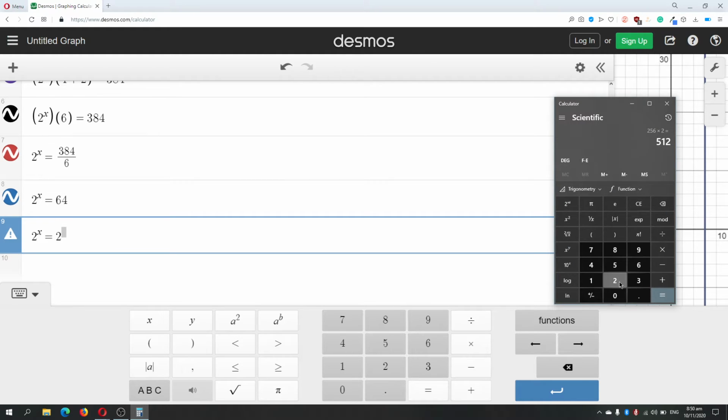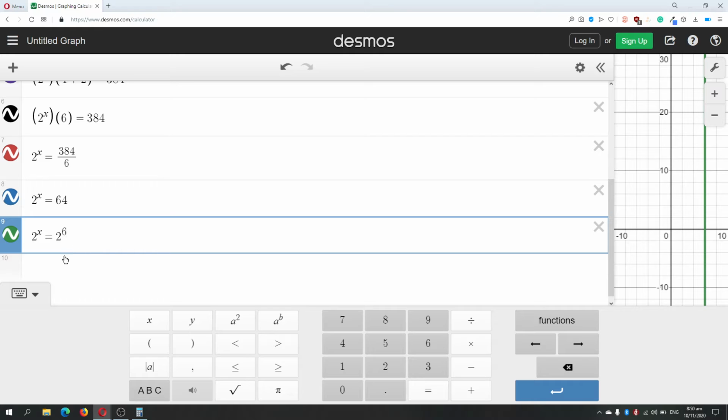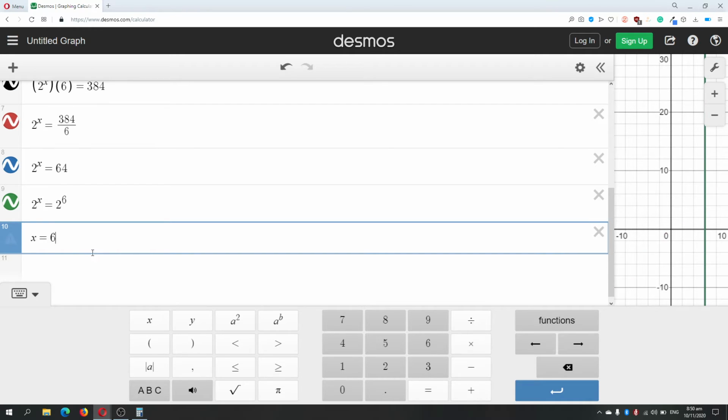So, balikan natin. 2 raised to 5 is equal to 32, meaning ang exponent natin is 5. Tapos 32 yung lalabas. So, increase natin ng isang exponent. 2 raised to 6. And so, 2 raised to 6 is 64. So, the value of x is equal to 6.